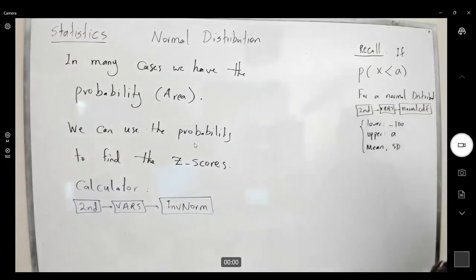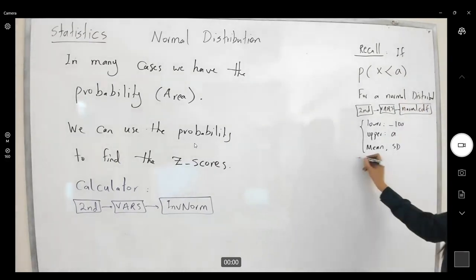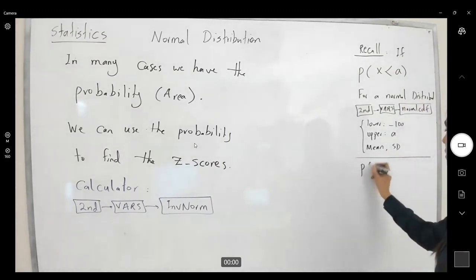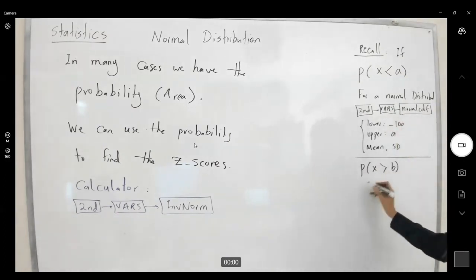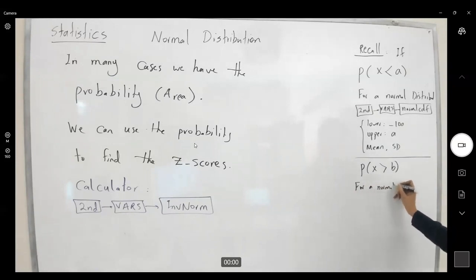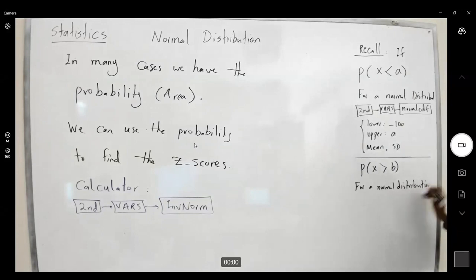If it says, hey, the probability that X is larger than b, you're going to follow the same for a normal distribution.